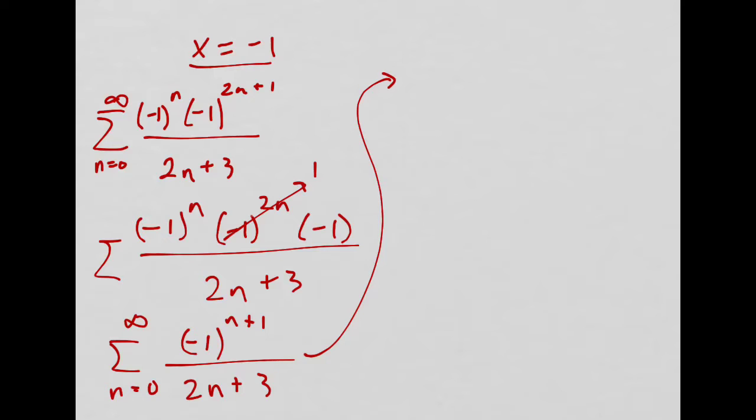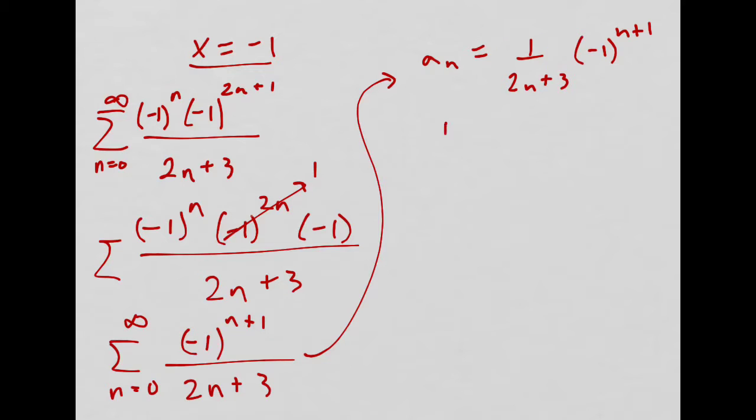So, I have to check 3 things. a sub n will be, I guess, just 1 over 2n plus 3, and then times that (-1)^(n+1). So we have to check stuff for that.